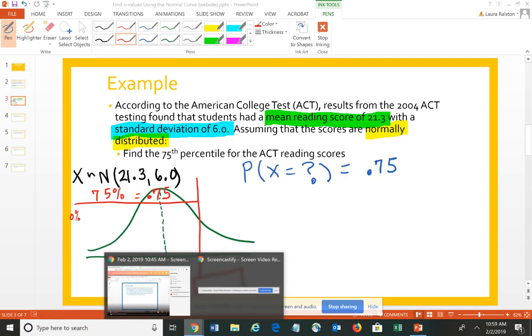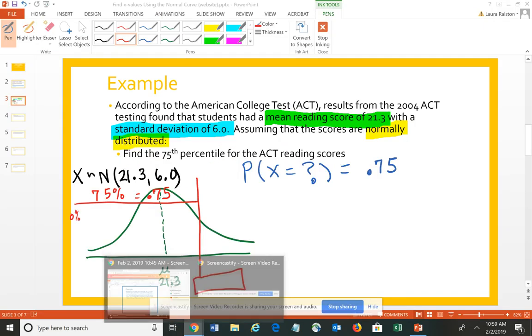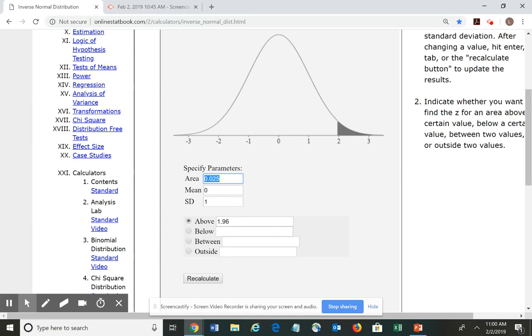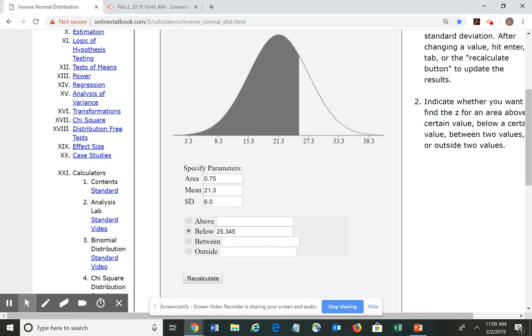So we're going out to a different website. We have to enter the area, which for us is the 75%. The mean, we were told, was 21.3, and the standard deviation was 6. And we're looking for the amount below. When I click the box next to below, it enters the value into the box for me, 25.345.